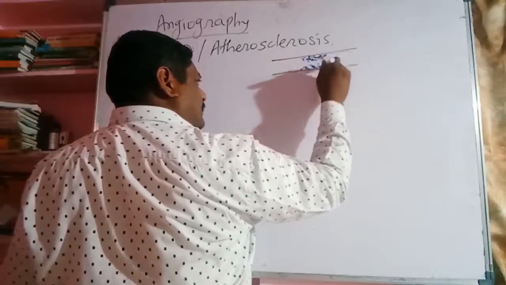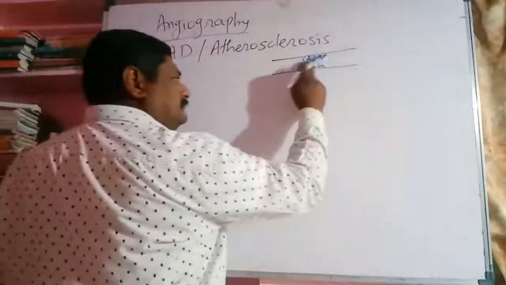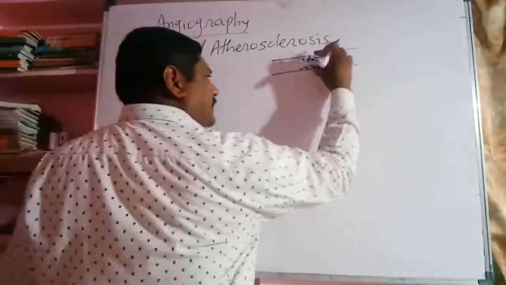Because of this deposition, the lumen of the artery becomes narrow.